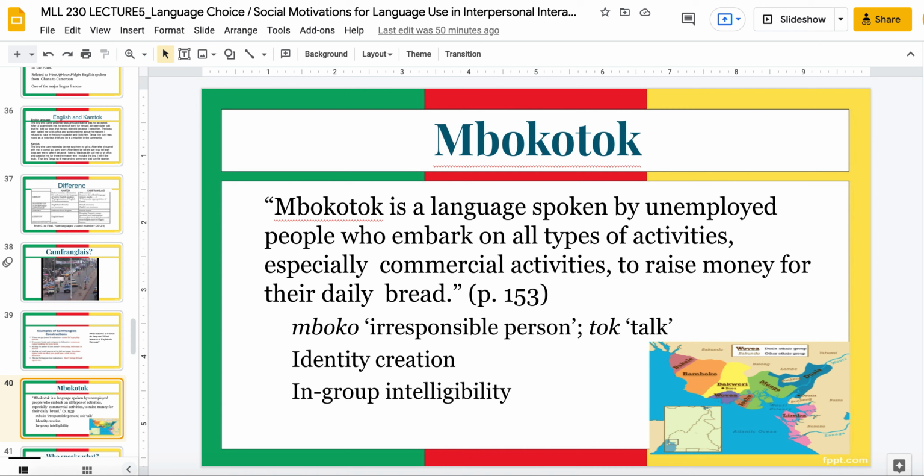And so it comes from mboko, which means an irresponsible person, and tok, which means talk. And right, so if you're in this group, remember when I talked about how this is kind of denigrating. Like, I don't want to be called mbokotok, right? If you said that to me, I would be upset.